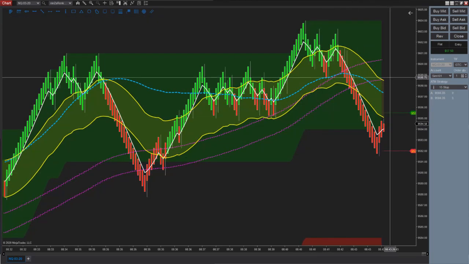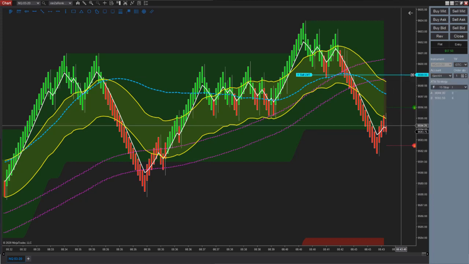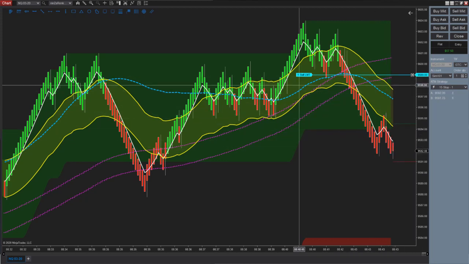Now we'll go short. Order submitted. Let's go in front of the market. Only thing, we are in a green zone still, but everything else is saying we are short.